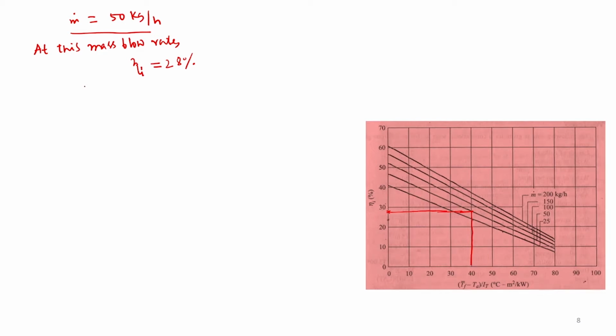And we know the QU expression we used earlier, which is nothing but eta I multiplied by I into AC.